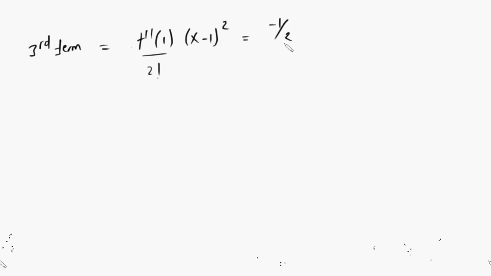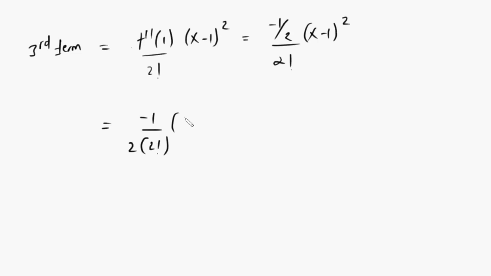So my third term now, remember, is just equal to the second derivative of f(1) over 2 factorial times (x minus 1) squared. For the second derivative of f(1) we have found negative 1 over 2, so the third term is negative 1 over 2 times 2 factorial times (x minus 1) squared. What is 2 factorial?